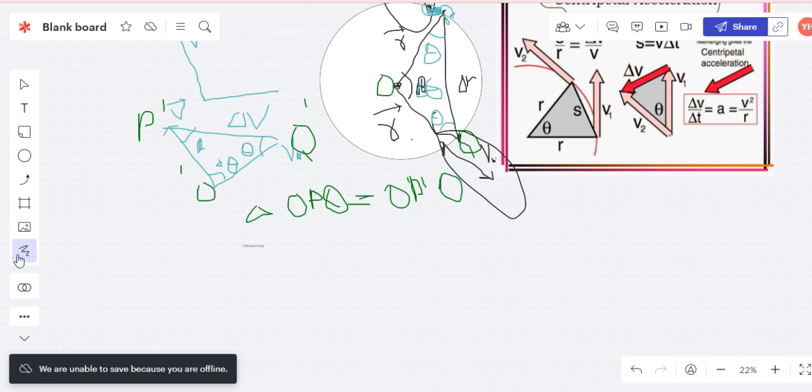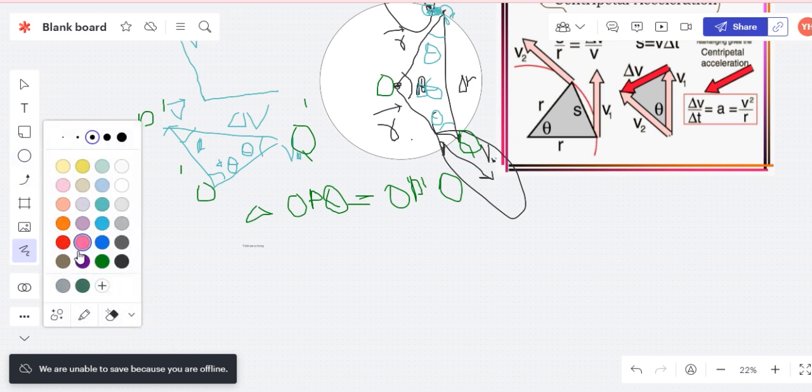So here I'm going to write the magnitude of delta r vector divided by the magnitude of r vector is equal to the magnitude of delta v vector divided by the magnitude of v vector.